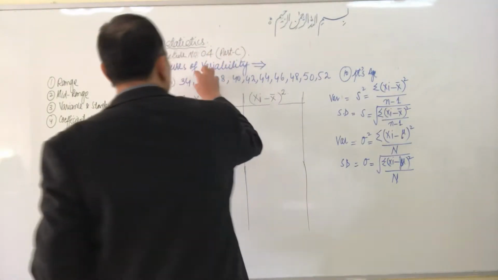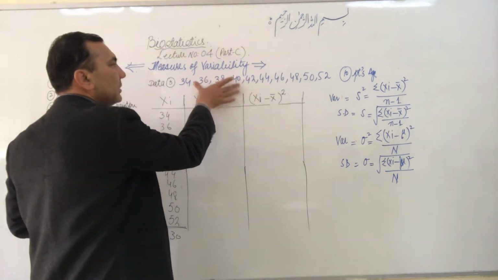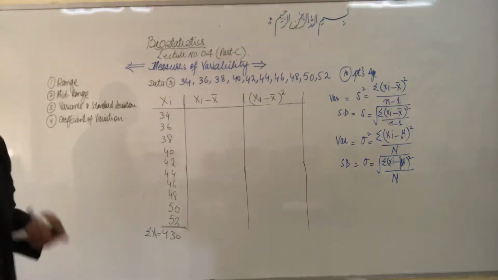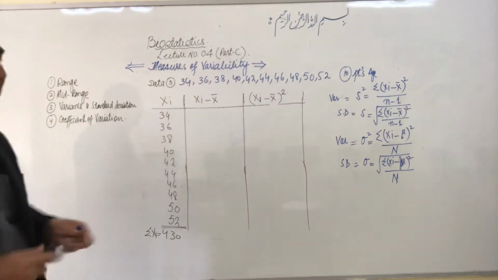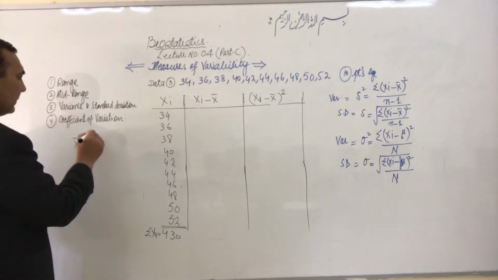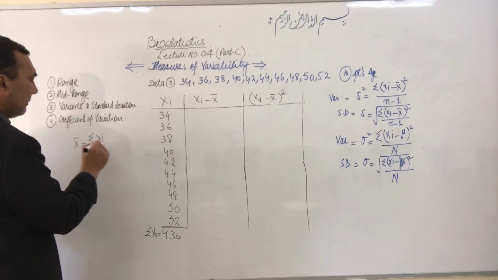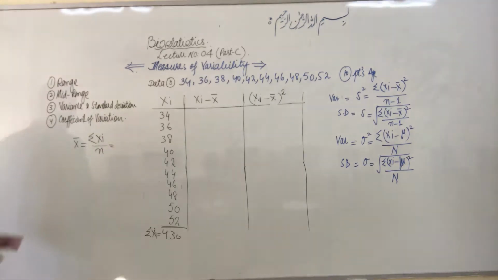Now here the ages of the 10 patients are given, but the mean is not given. The formula for the calculation of the mean is x bar equals the sum of the xi divided by n.